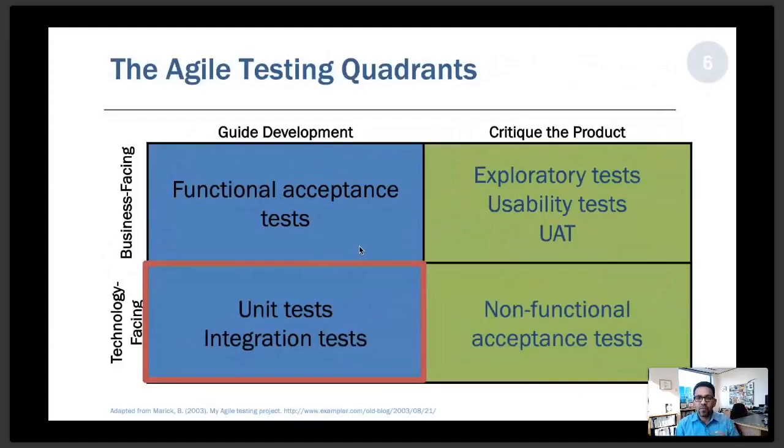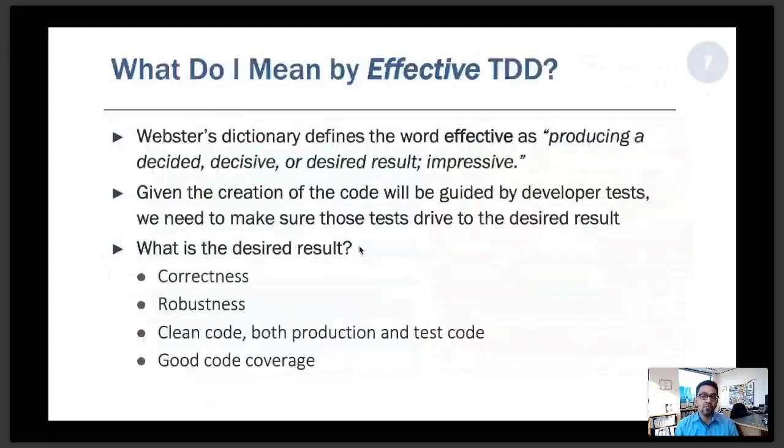They will have tests, they will have testable code. They will have a great number of automated tests that you can use. But at the end of the day, you may say, well, this is great, but it's not providing what we expect. So I would say that one of the things that we want to have in an effective test-driven development process is to make sure that we are providing the correct software.